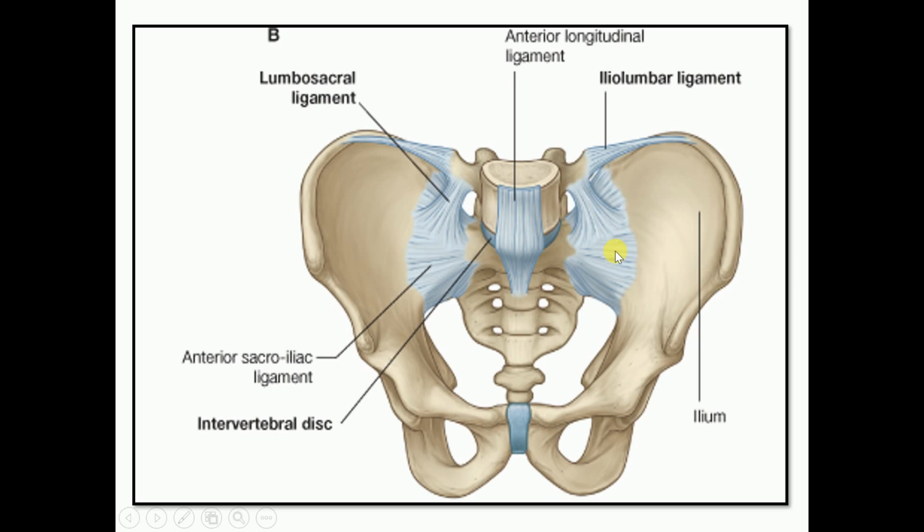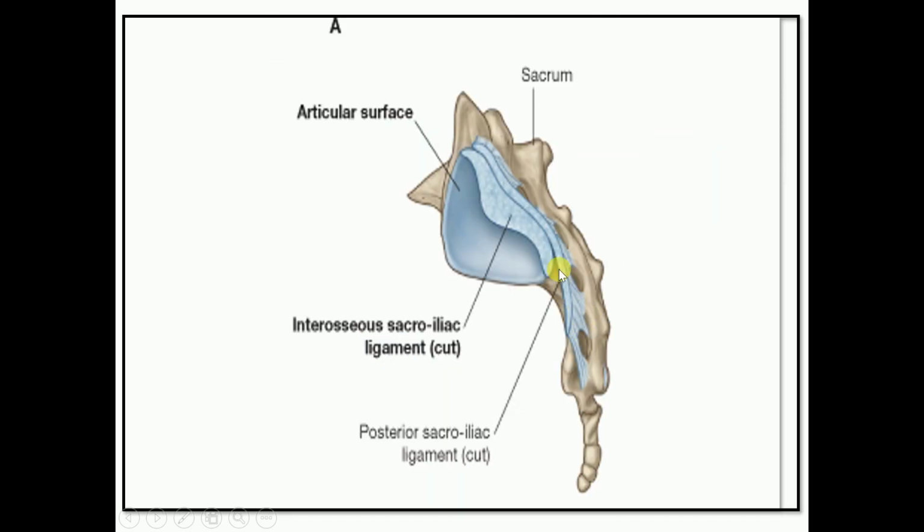Then the dorsal sacroiliac ligament. This is the rim-like dorsal sacroiliac ligament, made up of strong fibrous bands which connect the posterior superior iliac spine of the ilium with the intermediate sacral crest.